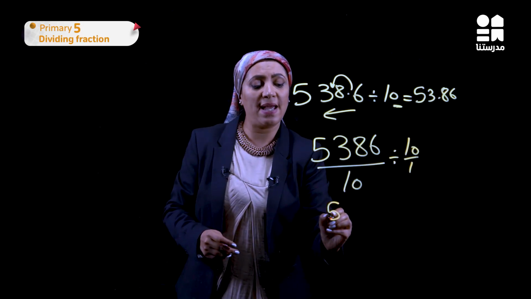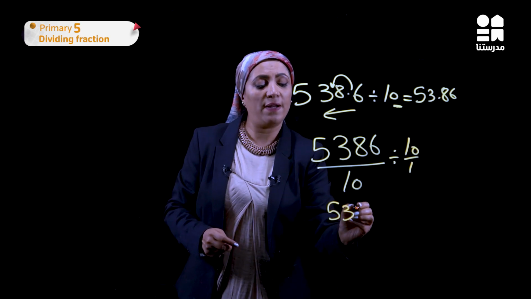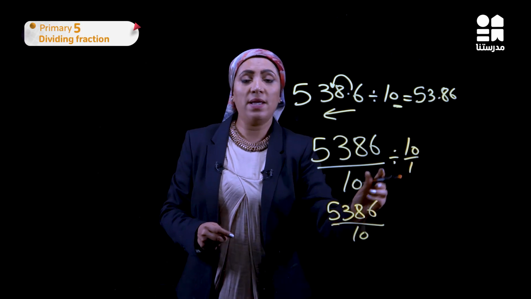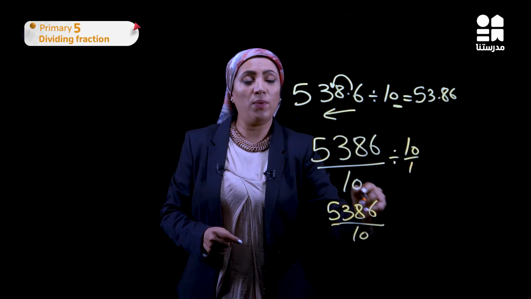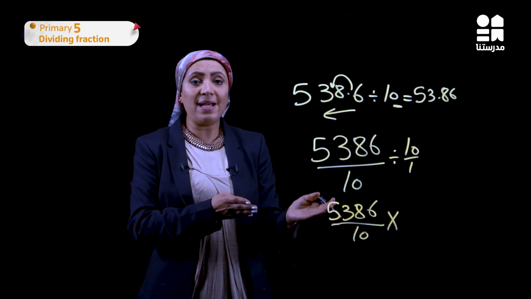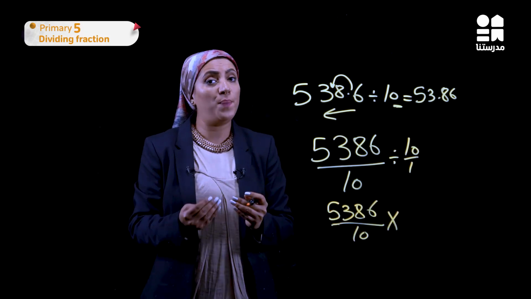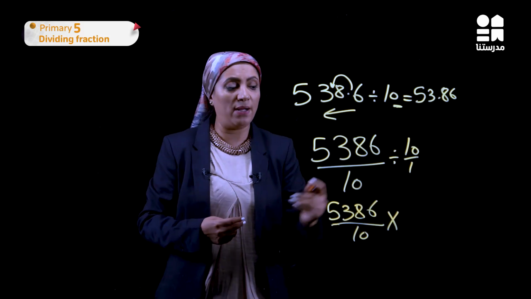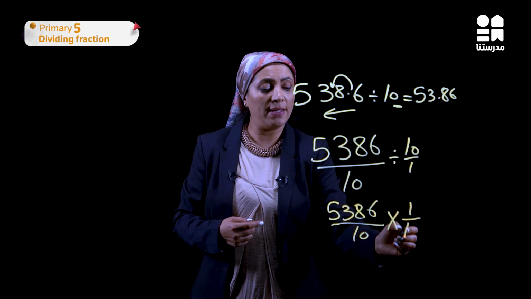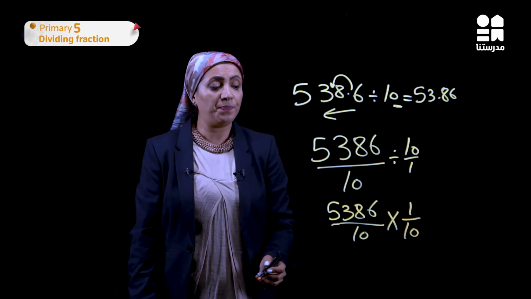So this one stays as it is, 5,386 over 10. Then the divided sign, I will change it into multiply. And the last fraction, of course, I flip it, or I turn it upside down. So the 1 will be on the top and the 10 is at the bottom.